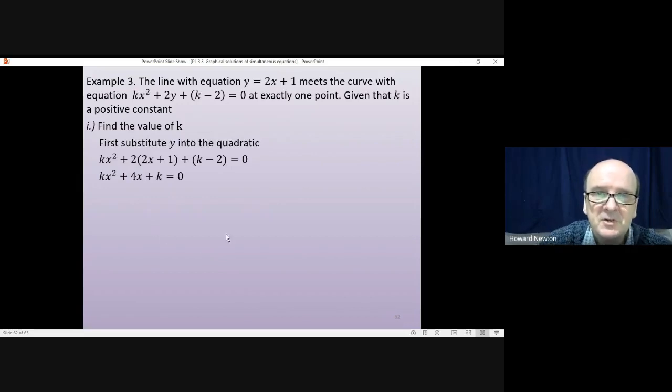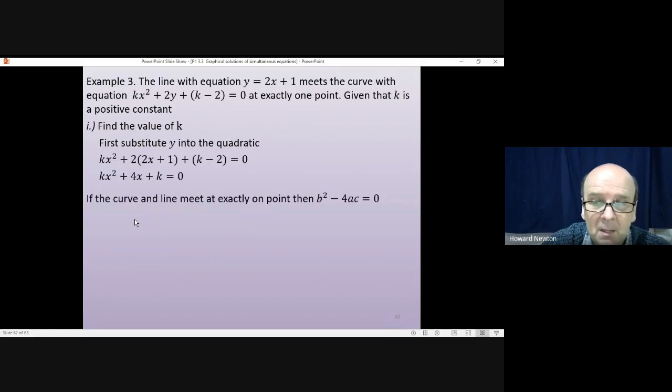Now, for our original line to meet our original curve at one point, the discriminant of this quadratic has to equal 0. So we need to find the discriminant of this, b squared minus 4ac. And that has to equal 0. B squared is 16, minus 4ac is minus 4 times k squared. And that has to equal 0.